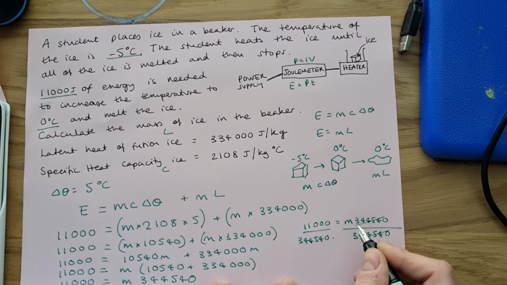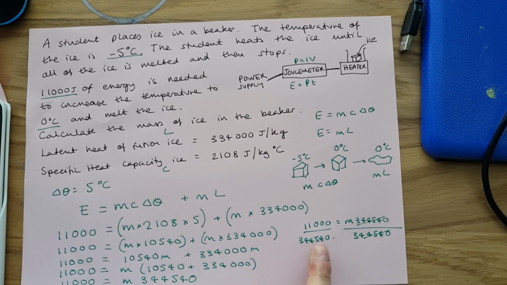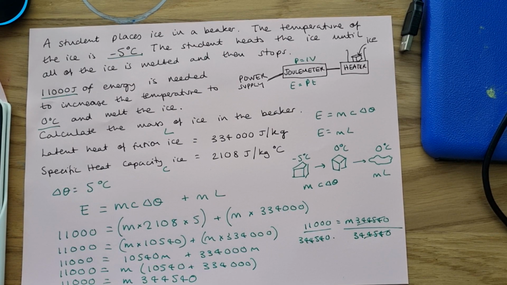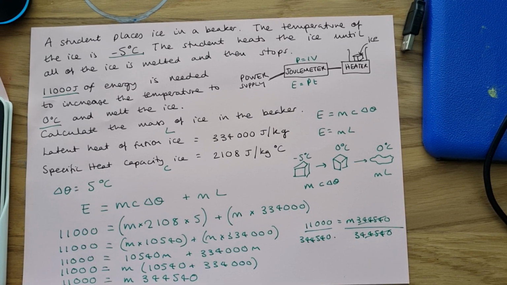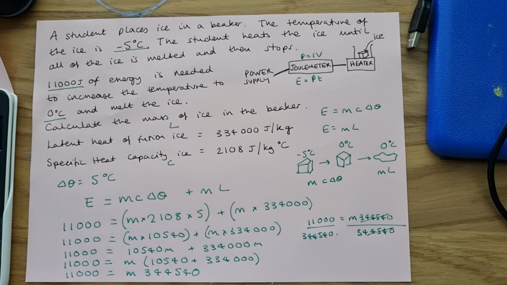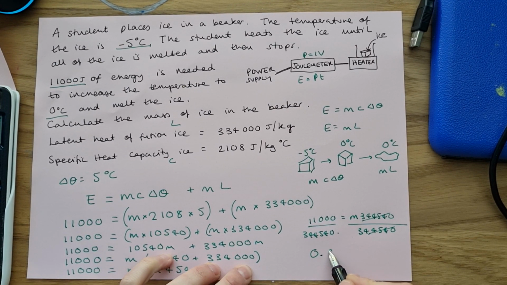Those cancel, and then I get mass is 11,000 divided by that, which is already on my calculator. So I'm just going to do 11,000 divided by the answer, and I get 0.0319266 kilograms. They haven't told me any significant figures, so I'm just going to do it to 3. So 0.0319 kilograms, which kind of makes sense.